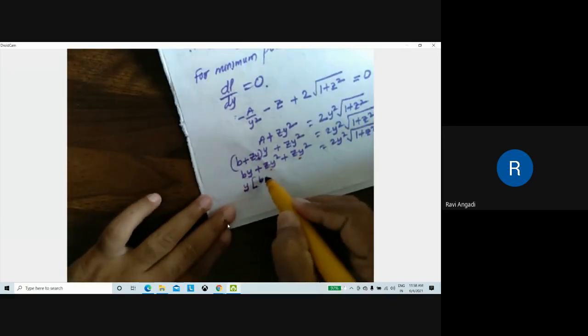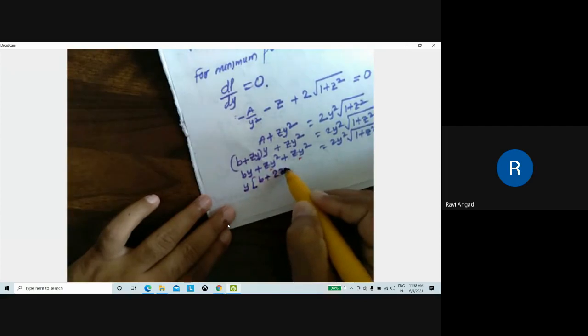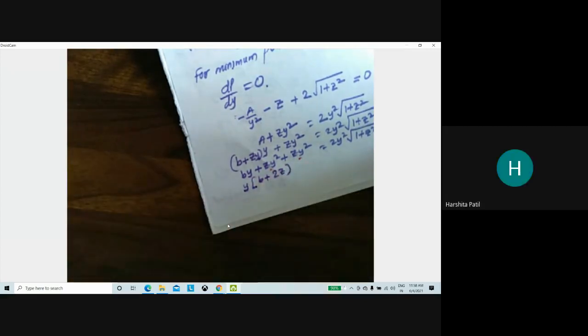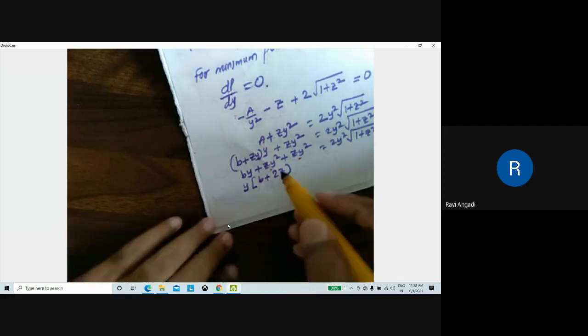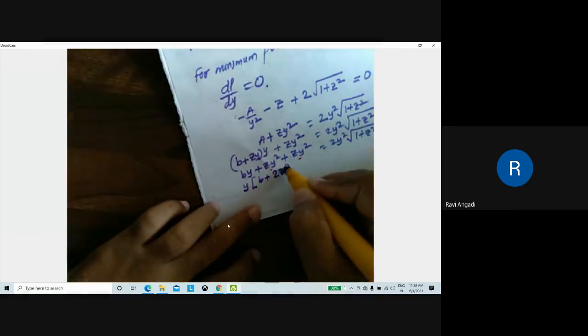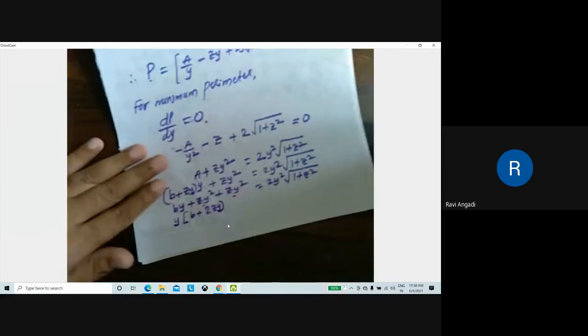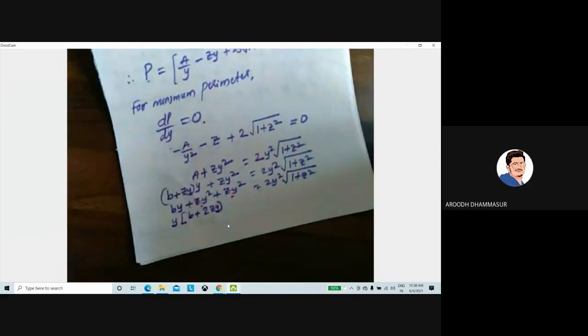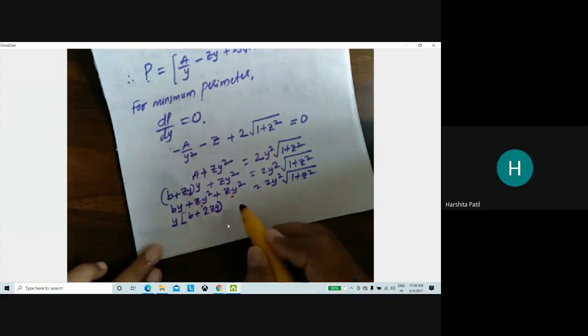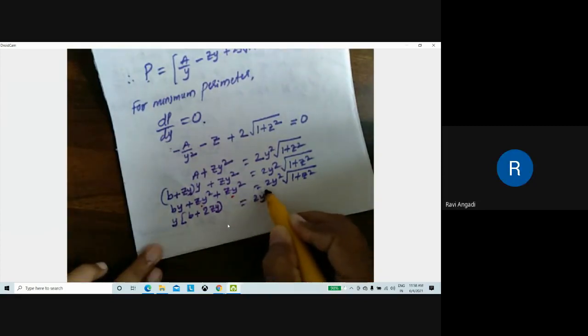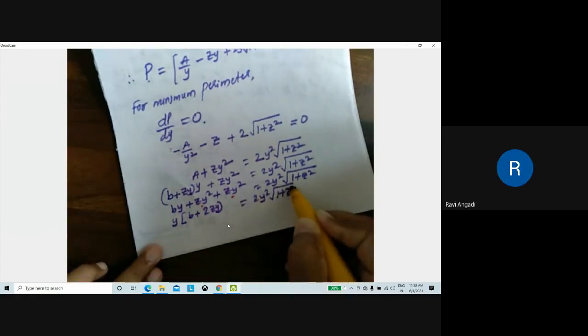Shall I write b plus 2zy? Is it correct? b plus 2zy, correct? Yes, sir. It is equal to 2y square root of 1 plus z square.